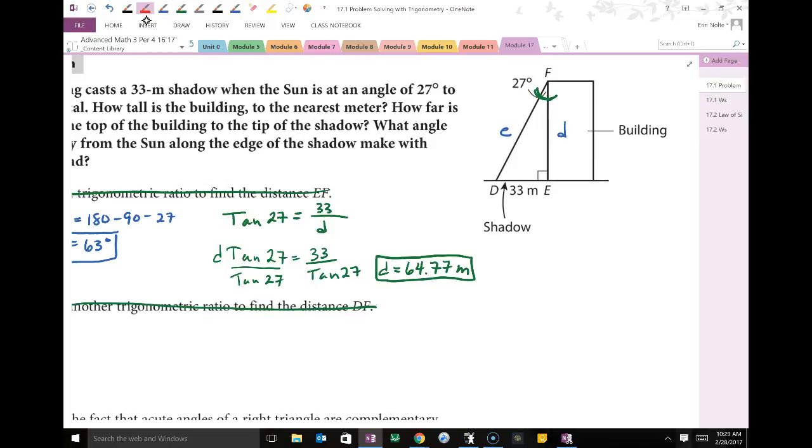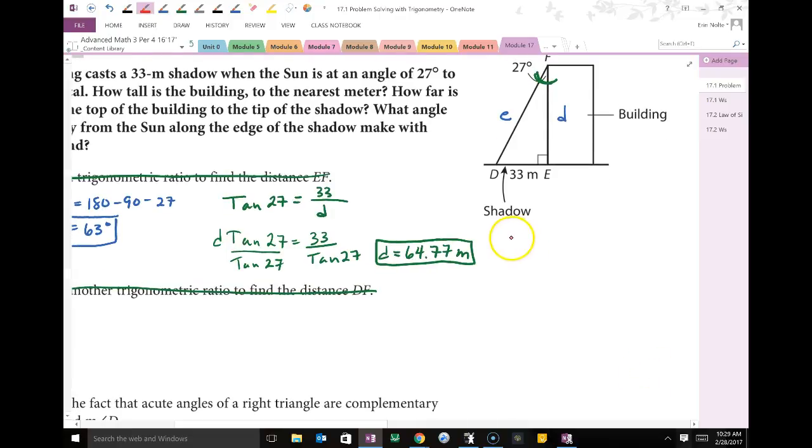Since E is the hypotenuse, E squared is equal to the length of D, which we just found to be 64.77, squared plus 33 squared. So what is 64.77 squared plus 33 squared, and then square root it? 72.69 meters.